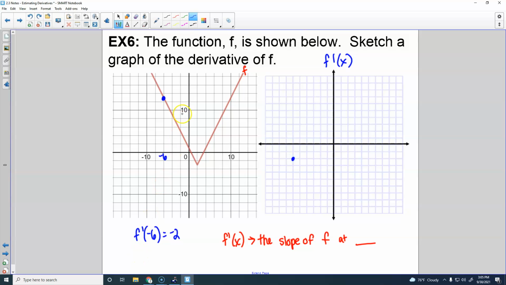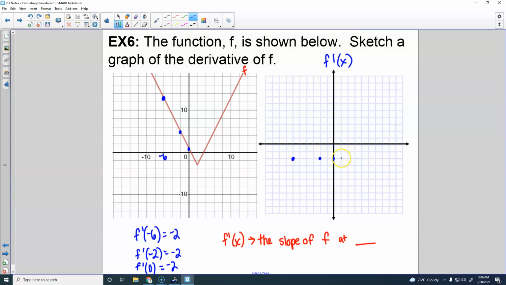Okay? What about if I did f prime of negative 2? What's the slope there? It's the same. It's still negative 2. What about f prime of 0? Also negative 2. Where does it quit being negative 2?